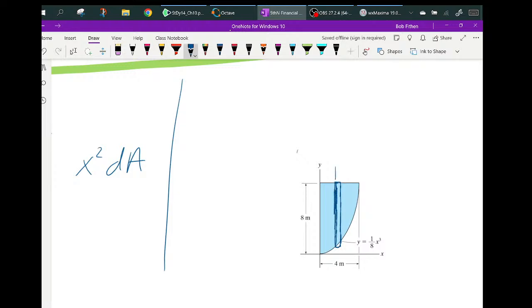You want to say dx, okay, the area is equal to, okay, so this is going to be 8 minus the y.